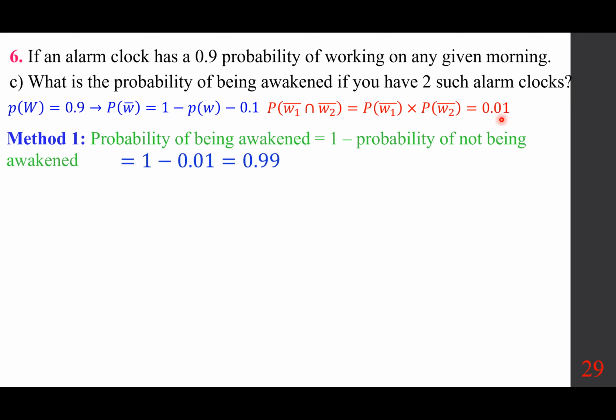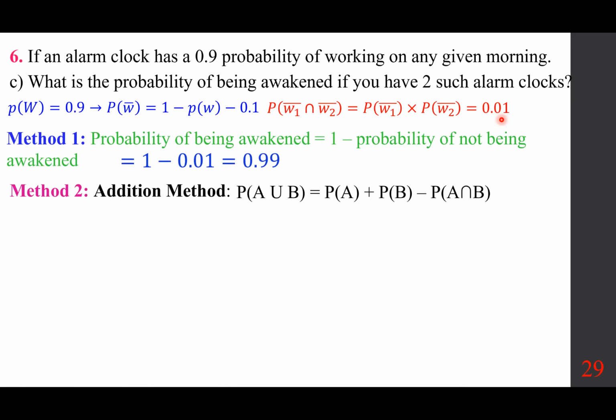The second method is called the addition method. Probability of A union B is probability of A plus probability of B minus the probability of A intersection B. We had discussed this before.